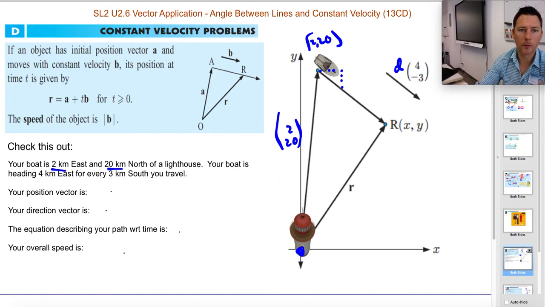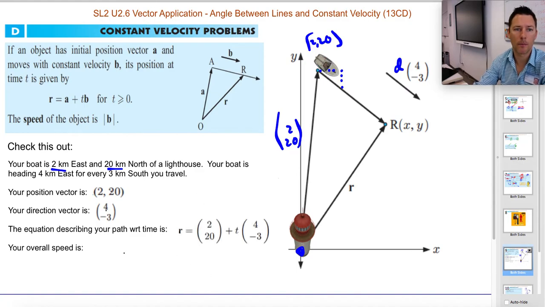All right, so the position vector we figured out is 2, 20. I guess it should be vertical. The direction vector is 4, -3. And then the equation describing the path is just, well, the vector to get us up to where we start, right? This gets us up to where we start, and then for every t we change in this fashion. So this gives us our direction vector.